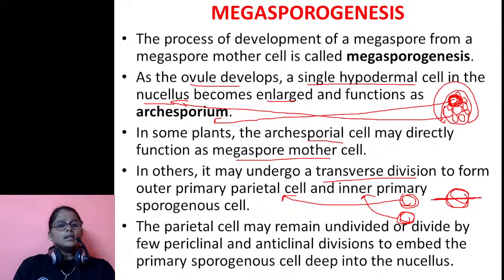Either the archesporial cell will directly act as a megaspore mother cell or they will go for the transverse division. In that division, one forms the outer layer, the primary parietal cell, and the other forms the inner mass of primary sporogenous cells.